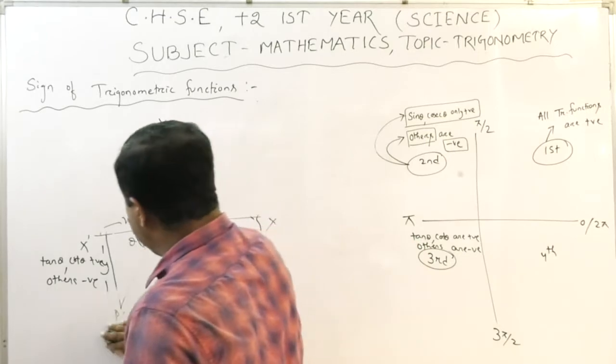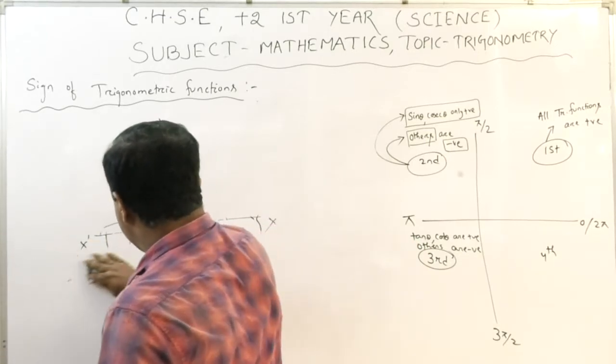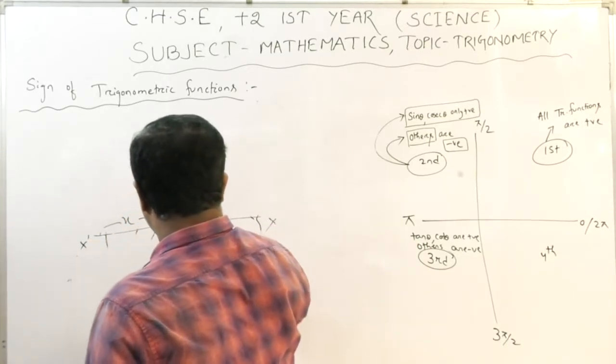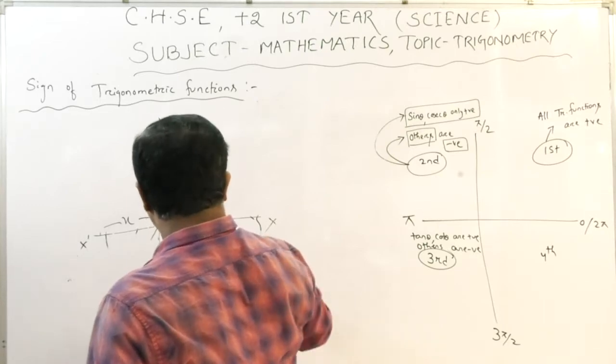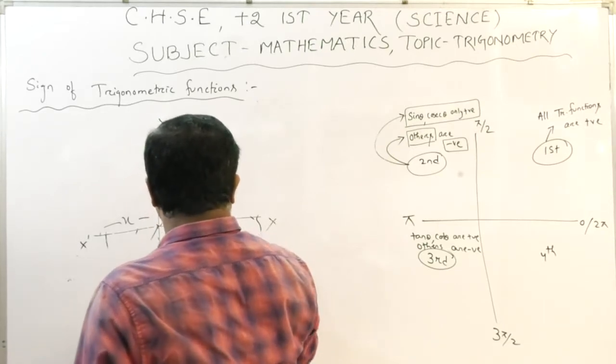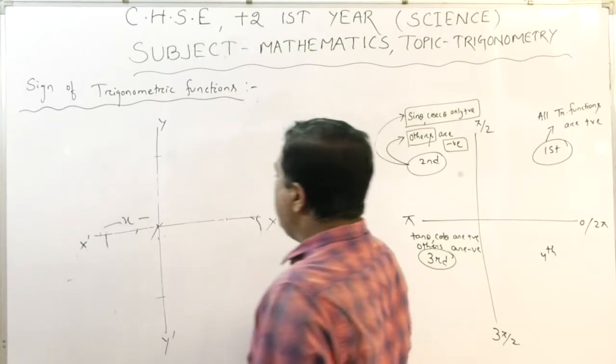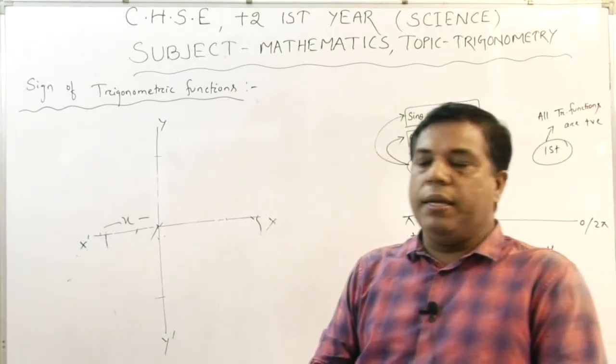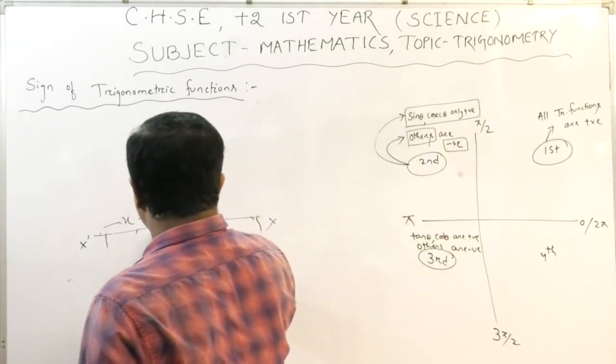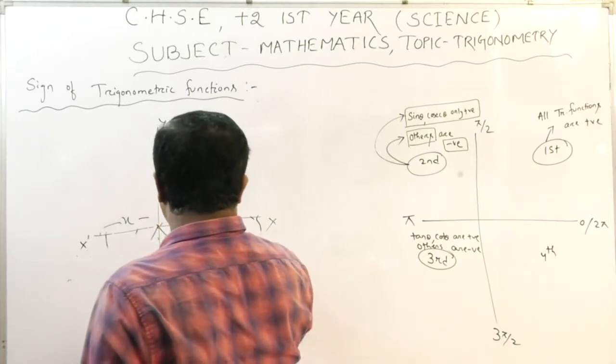So you see, this is the fourth quadrant. Let there be an angle, let this be the angle theta.